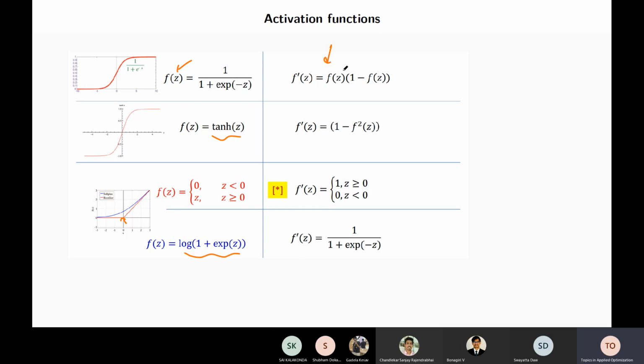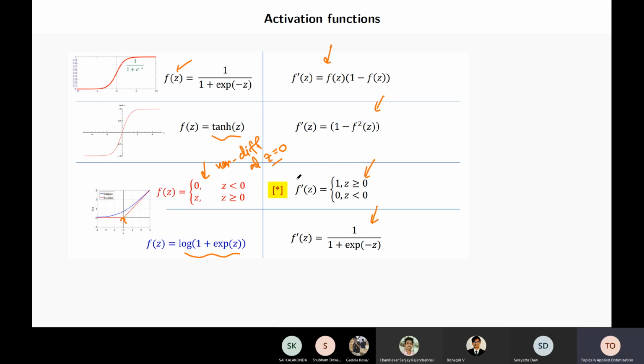And as we know, we need the derivative. So here in the right column, we are given the derivatives of these activation functions. Earlier we said that this is non-differentiable at z equal to 0. But what we can do is define some derivative at 0 as well. So at 0 we define it to be 1.